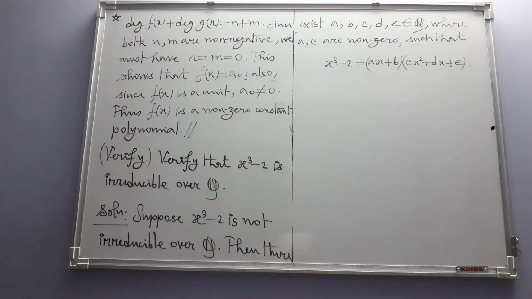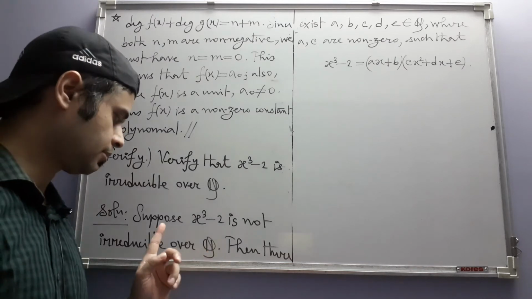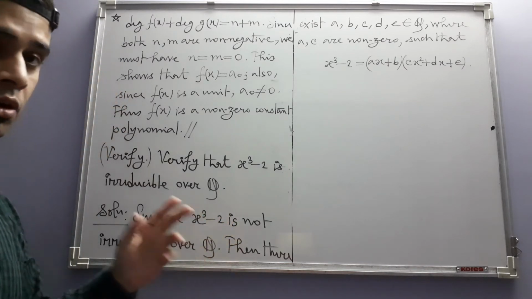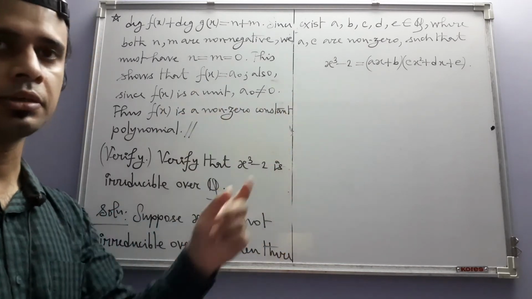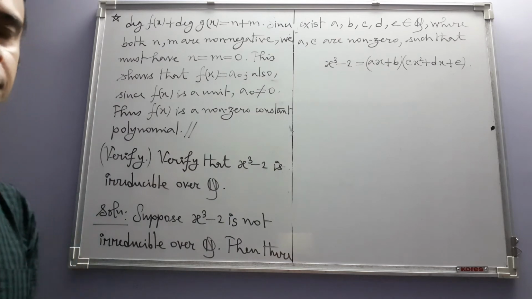But why? How are we concluding that non-irreducibility of this polynomial over Q implies existence of these things?